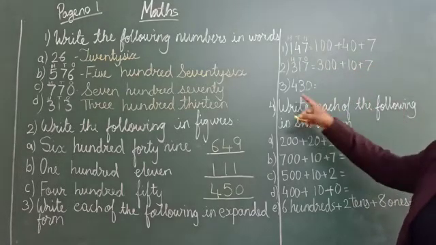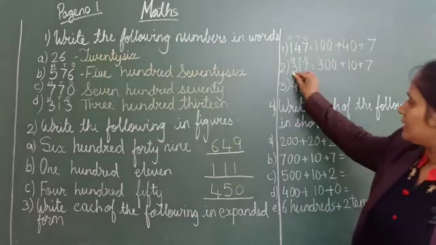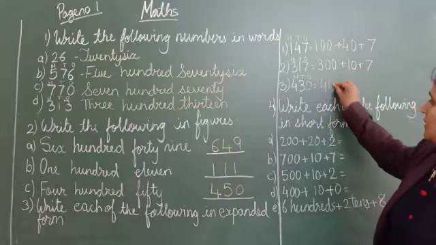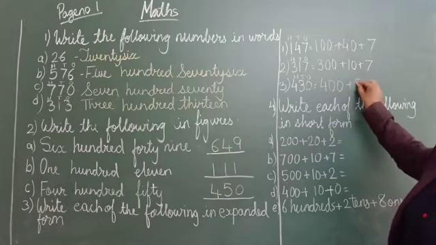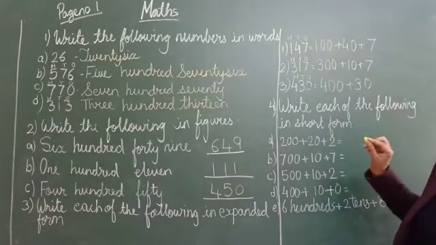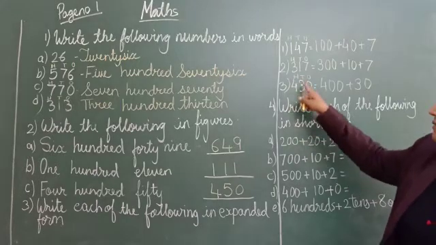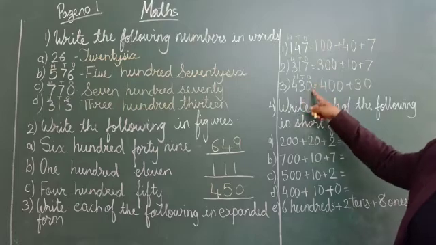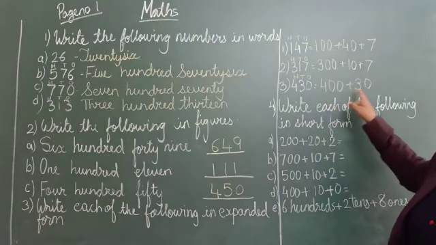So 317. Next, 430. Hundreds, tens, ones. Because at tens place we have 3, the value of 3 is 30, and at ones place we have nothing, so what will you write? 430.